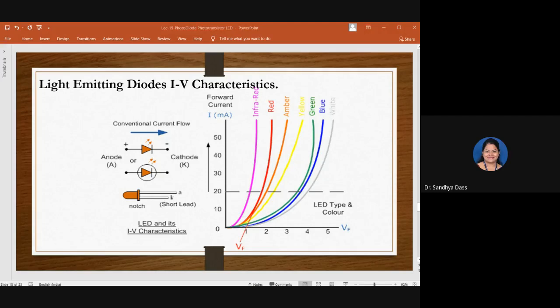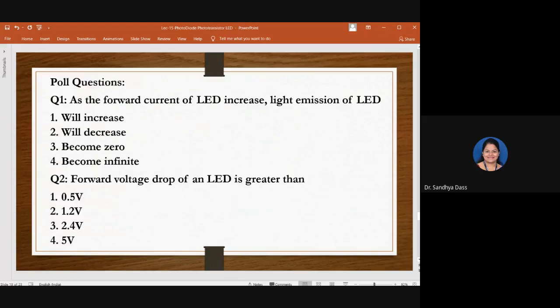That is about LED. And again, as I mentioned, it is a repetition for you. So let's see the response for the poll questions here. There are 4 poll questions. You have to answer within seconds.